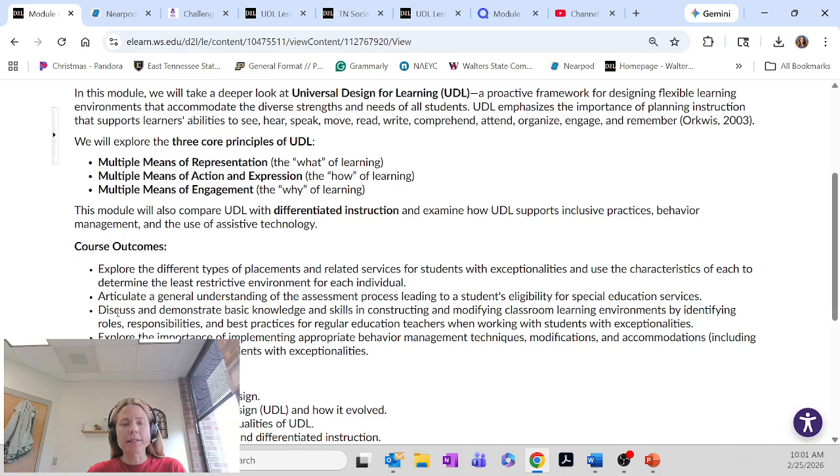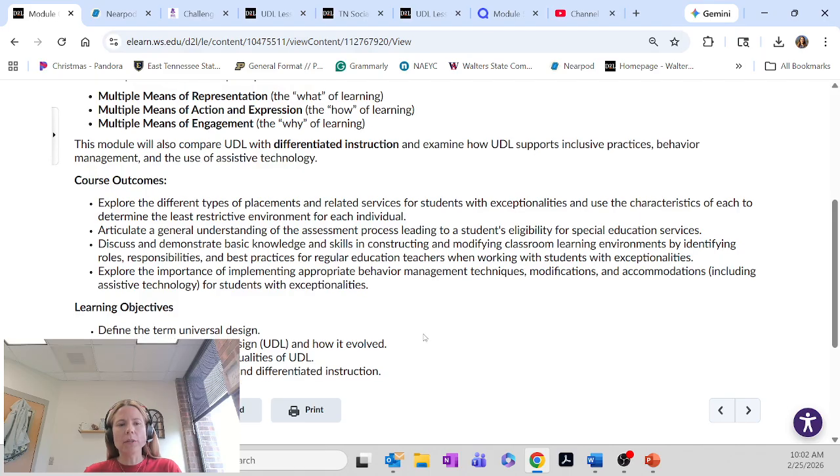Demonstrate and discuss basic knowledge and skills in constructing and modifying classroom learning environments by identifying roles, responsibilities, and best practices for regular education teachers when working with students with exceptionalities. And then lastly, explore the importance of implementing appropriate behavior management techniques, modifications, and accommodations, including assistive technology for students with exceptionalities. So as you can see here, there are plenty of outcomes that we're going to be working toward mastering with this module.